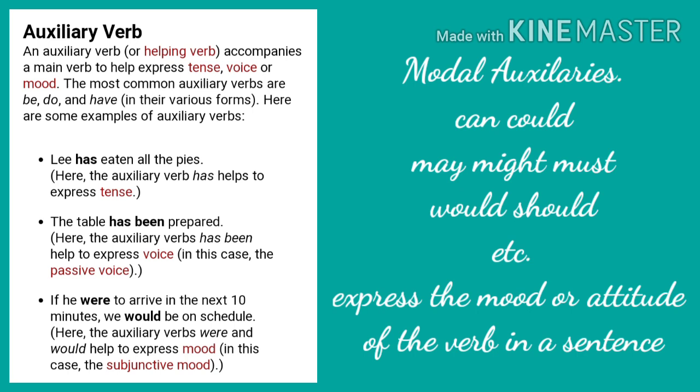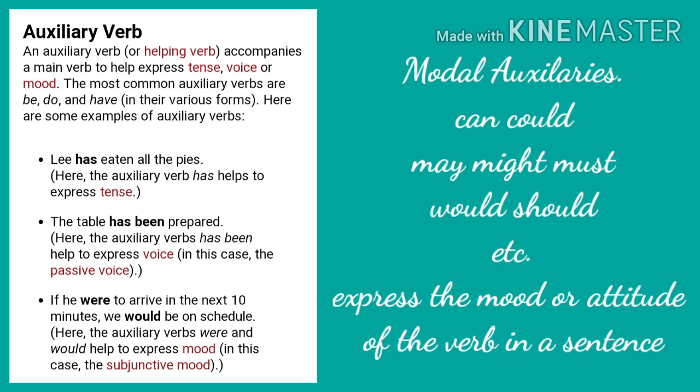The most common auxiliary verbs in English are be and its forms like is, am, are, was, were, will be, that we already discussed in this video, and do and its forms, just like does or did, and also have and its forms, which include has or had.